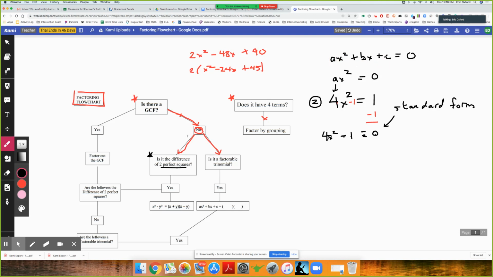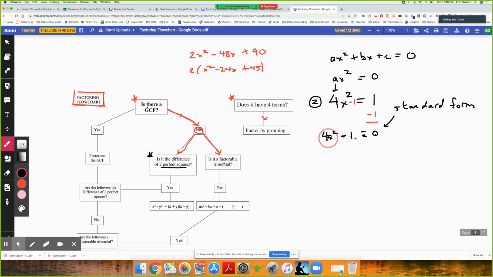Now, looking back at where we are on our flow chart, we asked, is there a GCF? And we didn't have one. And then we came to the question, is it the difference of two perfect squares, or is it a factorable trinomial? So the question is, is it the difference of two terms? Yes, it is, because it has a minus sign. And is it the difference of two perfect squares?